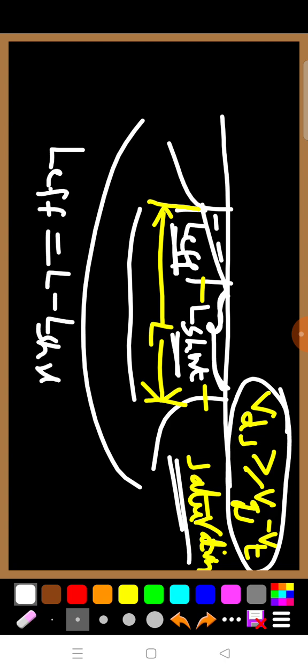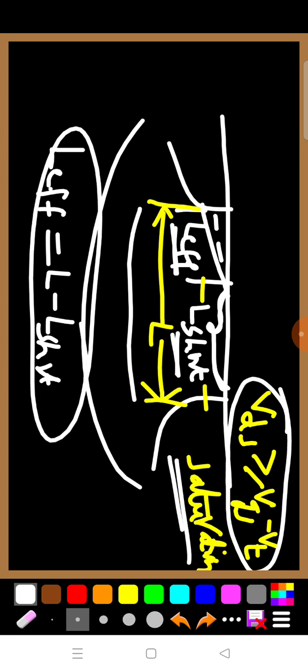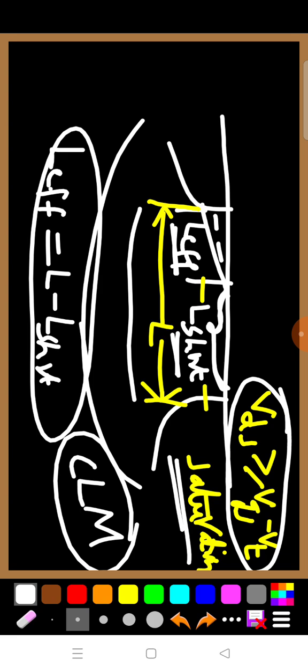This change in the length is known as channel length modulation. Channel length modulation is present in only one region, the saturation region. Whenever VDS is greater than or equal to VGS minus VT, there is a change in the length of the channel.